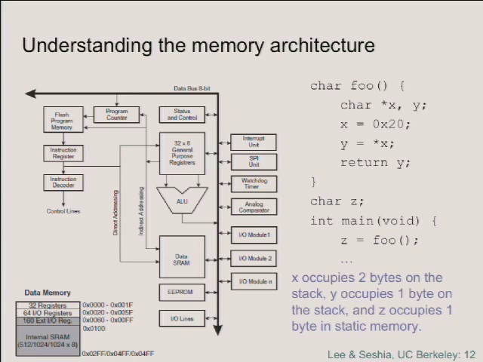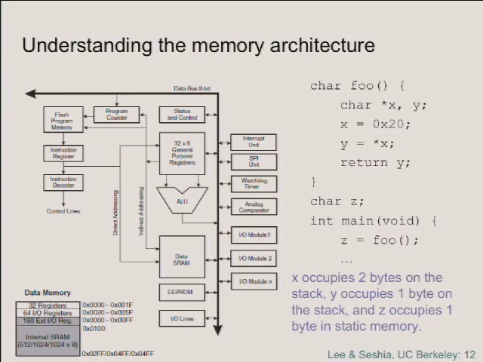Typically, the manufacturer of the board tries to make your life a little bit easier by giving you symbolic names for these addresses. So normally, you wouldn't write a C program that says x equals 0x20. You would write a C program that says something like, x equals AD0's status register.